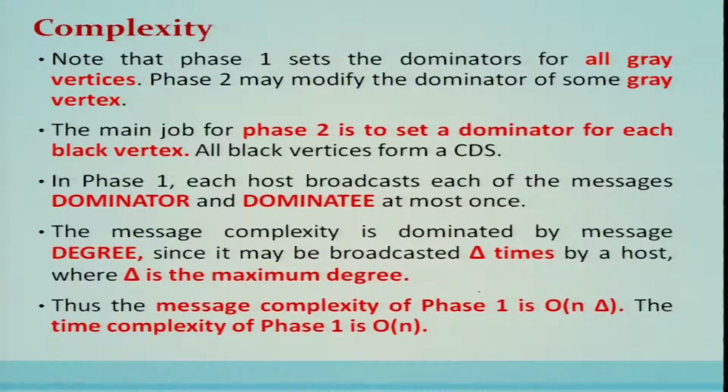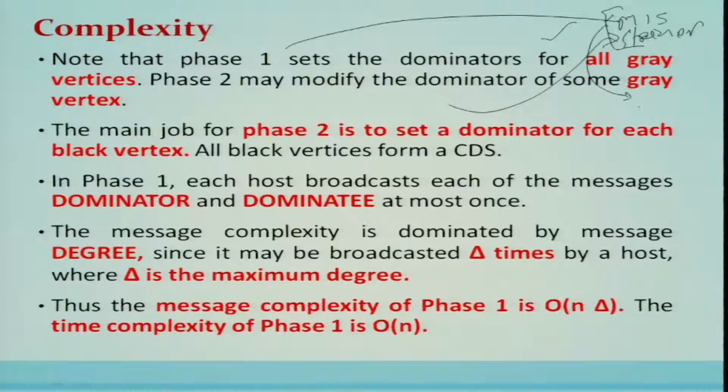Now the complexity: phase 1 sets the dominators for all gray vertices. Phase 2 may modify the dominator of some gray vertex. I told you that in phase 1 it constructs the MIS, and in phase 2 it will add the additional Steiner tree nodes, and together they form the total nodes of the connected dominating set.